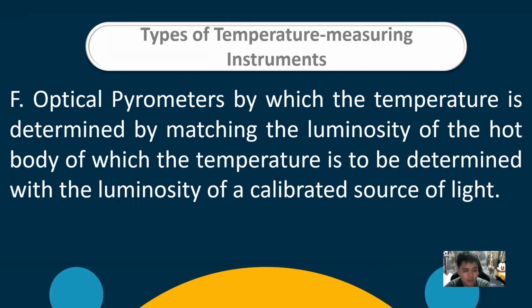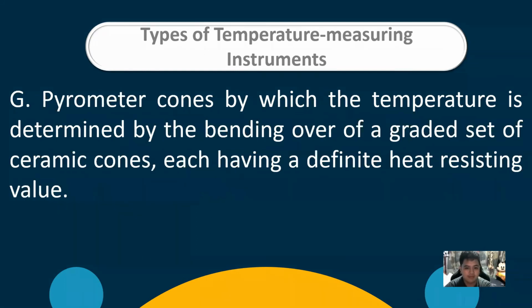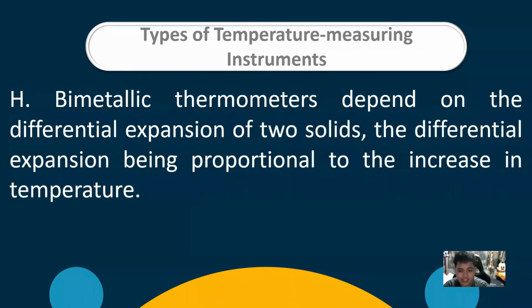Isa pa to, optical pyrometers, by which the temperature is determined by matching the luminosity of the hot body of which the temperature is to be determined with the luminosity of a calibrated source of light. Okay. So ito pa, pyrometer cones by which the temperature is determined by the bending over of a graded set of ceramic cones, which have a definite heat resisting value. So take note of that. Definite heat resisting value.